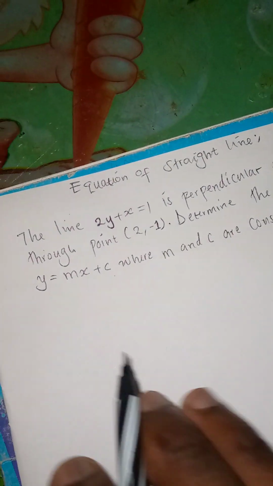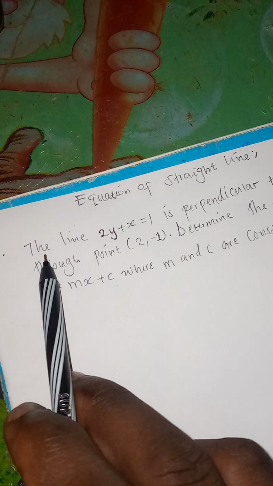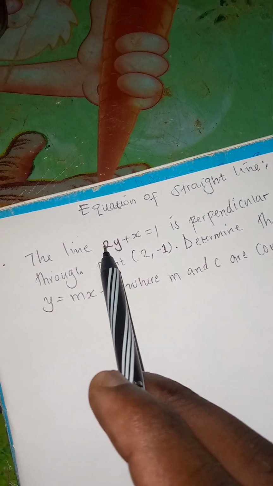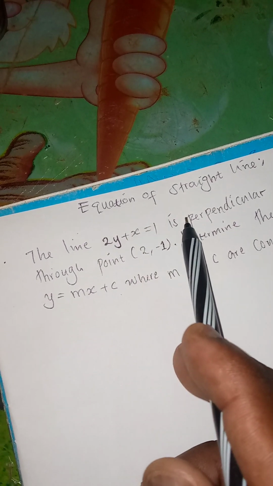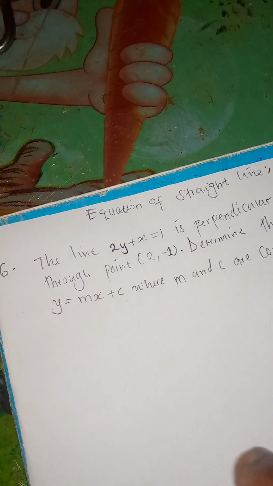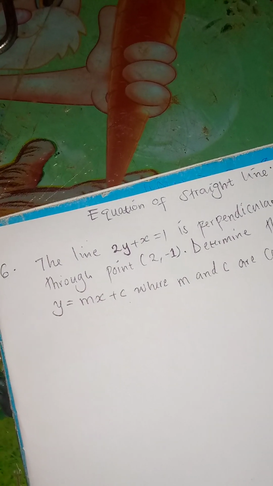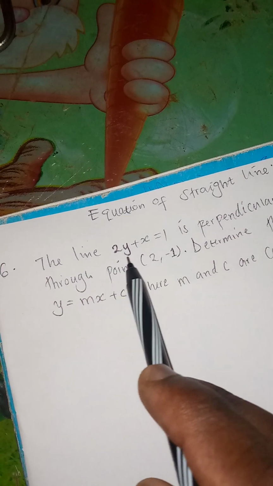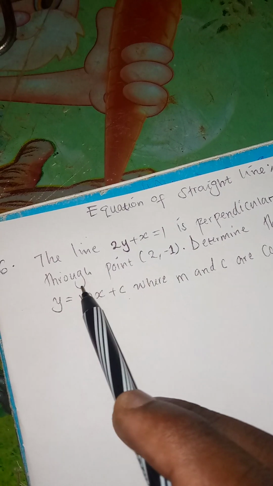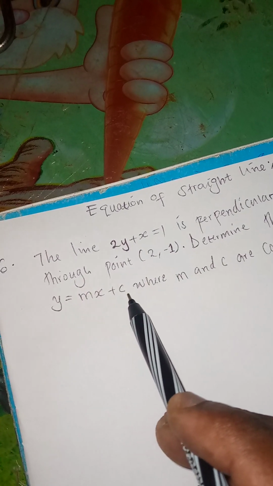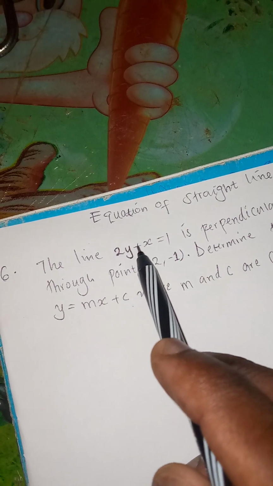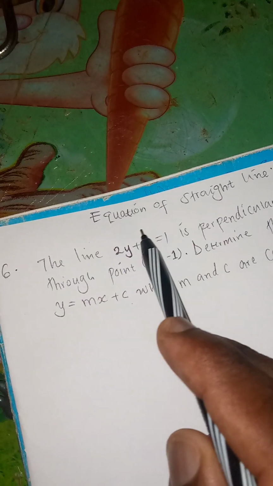So what we shall do is, there is a given line 2y plus x equals 1. We are told it is perpendicular to our line L. So we shall express this one in the form y equals mx plus c, so that we get the gradient of this line.